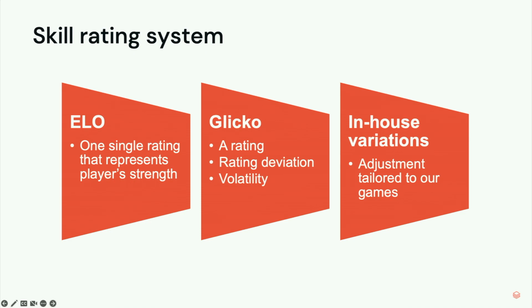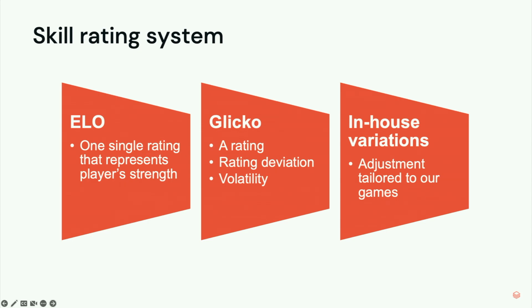Other than ELO, for a lot of games, people later also invented the Glicko rating system. Actually, two versions: Glicko 1 and Glicko 2. Compared to ELO, it has a rating, a real number representing how strong you are. But it also explicitly considers the rating deviation, which is like the Gaussian variance, called RD in Glicko, and explicitly measured.